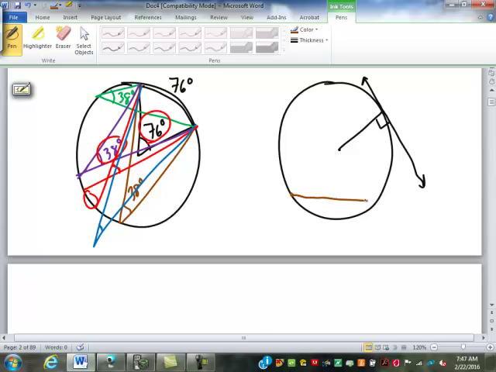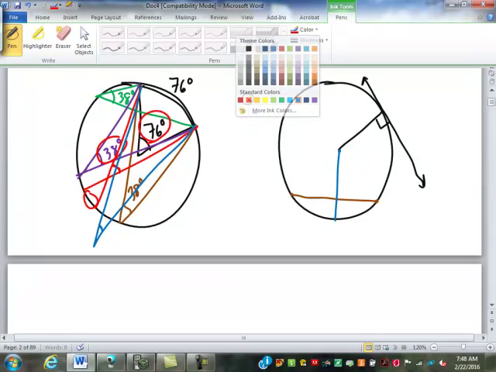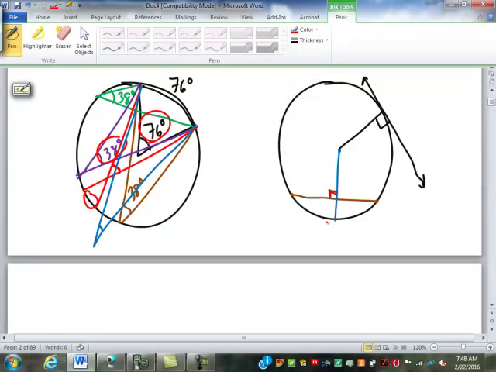Another important piece of information, let's say I have a chord out here and I draw a radius. Now I can do this one of two ways. I'm going to start out by saying this radius makes a right angle with the chord. It's perpendicular to the chord. But what do we know about this length compared to this length? They're equal. They're both radii of the circle. What do I know about this length compared to itself?